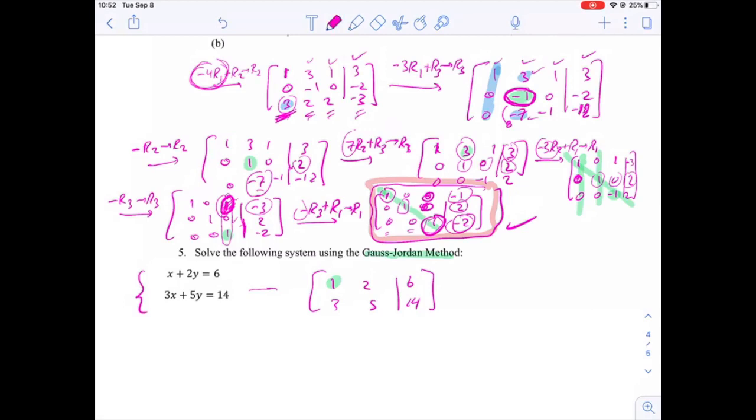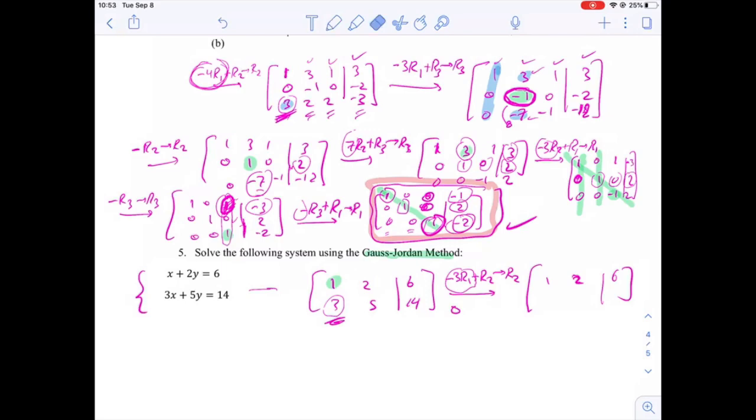Now all we need to do is to make this 3 equal to 0. So how to do that? We multiply the first row by -3 and add it to row 2 and replace row 2 with that. We do this operation in our mind. So -3 times 1, -3 plus 3 is 0.